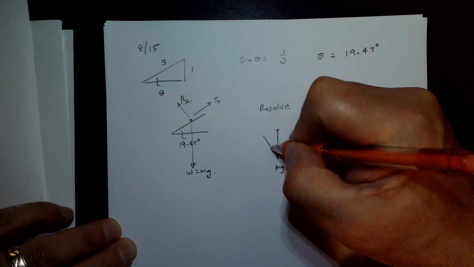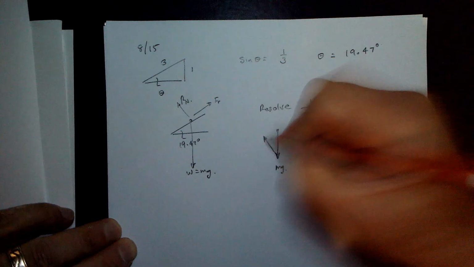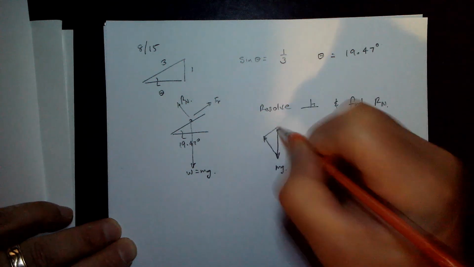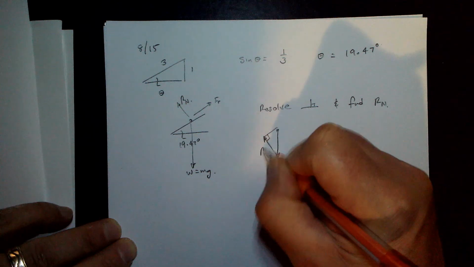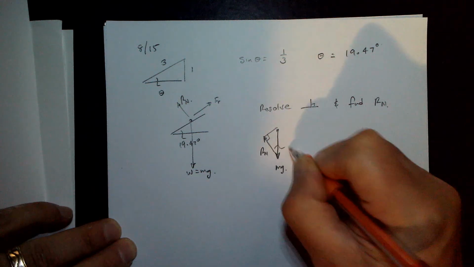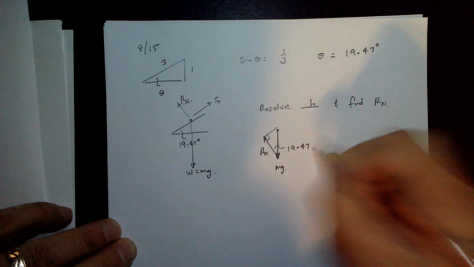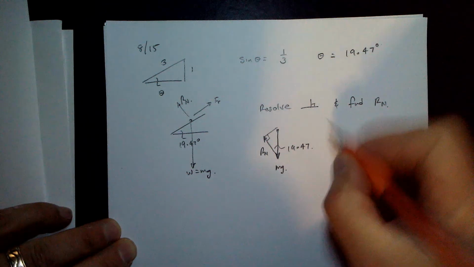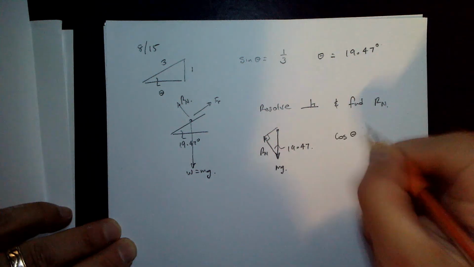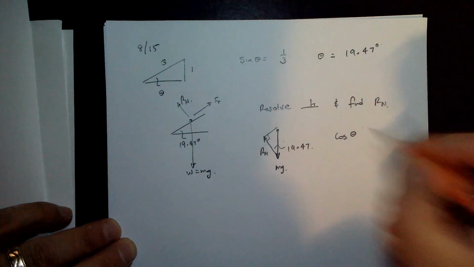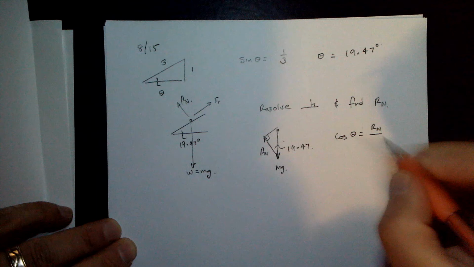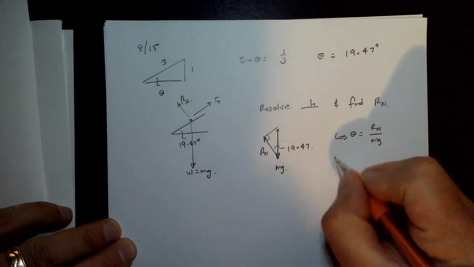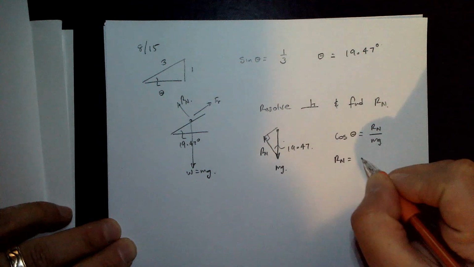If I complete the diagram, that's mg, we are trying to find this one, and that angle is 19.47. To find Rn, cos theta is adjacent over hypotenuse, which is Rn divided by mg. So Rn equals mg cos theta.